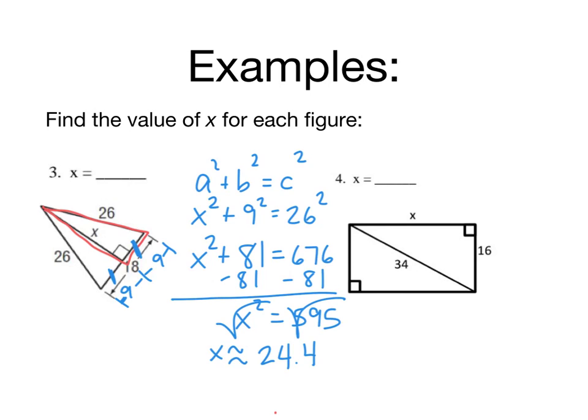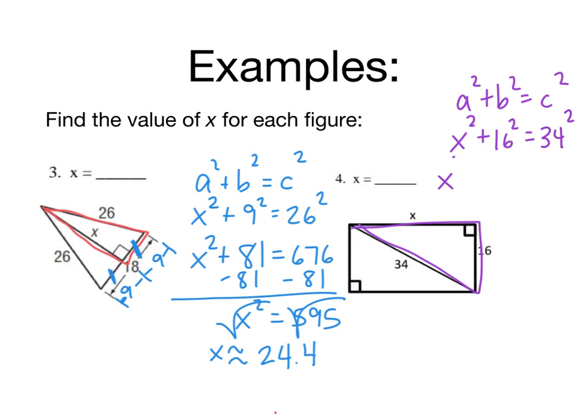So let's do this one by, again, writing out our Pythagorean theorem. All right, so I know x is one of the legs. 16 is the other leg, and 34 right here, that's the hypotenuse.